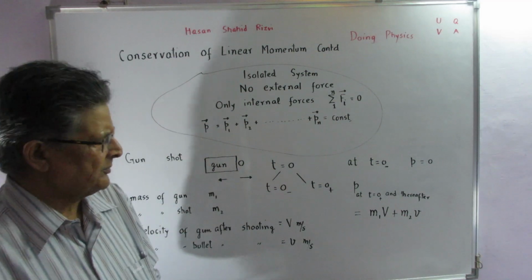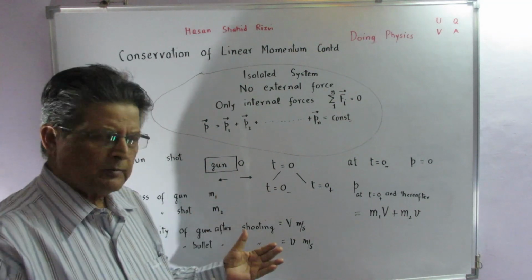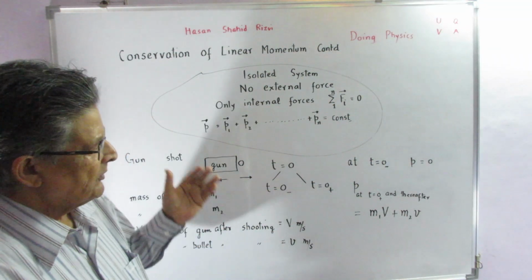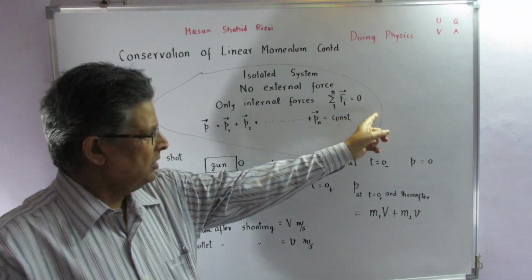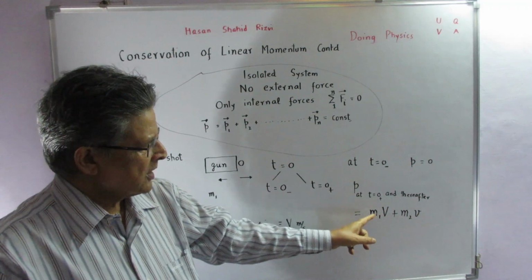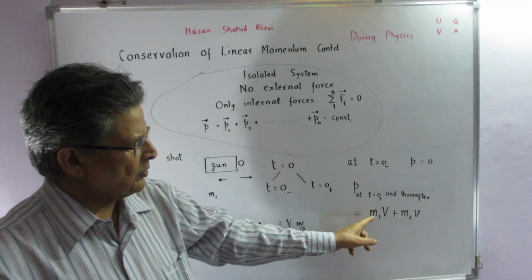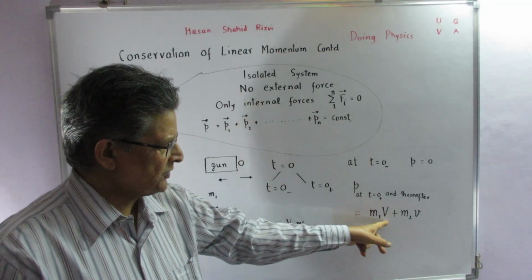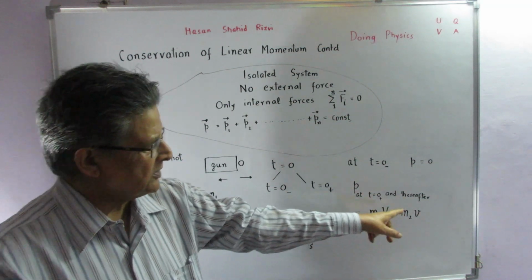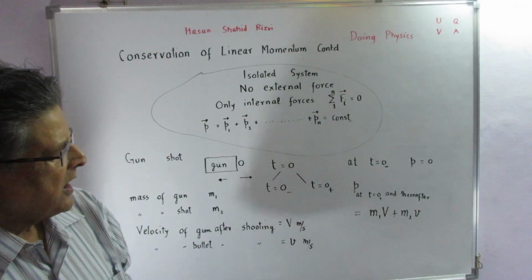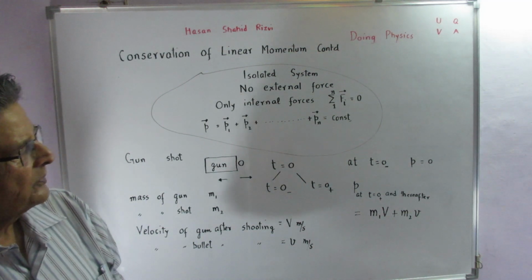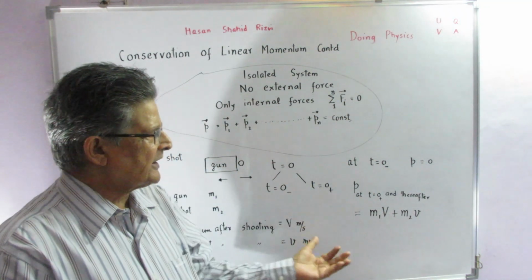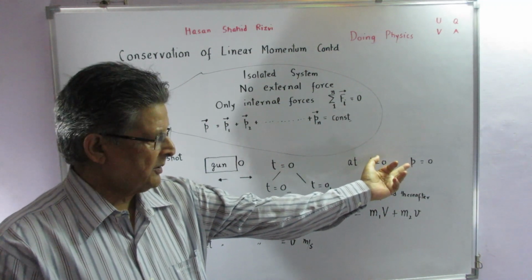The law says that when the force applied externally on the system is equal to 0, then the total momentum, in this case only two bodies, m1 the gun with the velocity V and m2 the bullet with the velocity small v, will be equal to the same momentum that existed before, and that momentum is equal to 0.